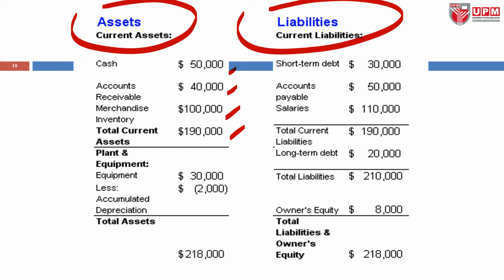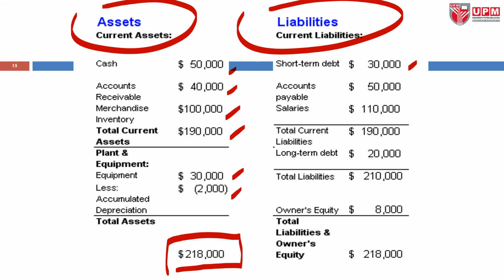We also list down the plant and equipment, for example the value of the equipment. It also includes the accumulated depreciation of the equipment. So on the left hand side, we have the total asset amounting to 218,000 ringgit, and on the right hand column, we have the short term debt.